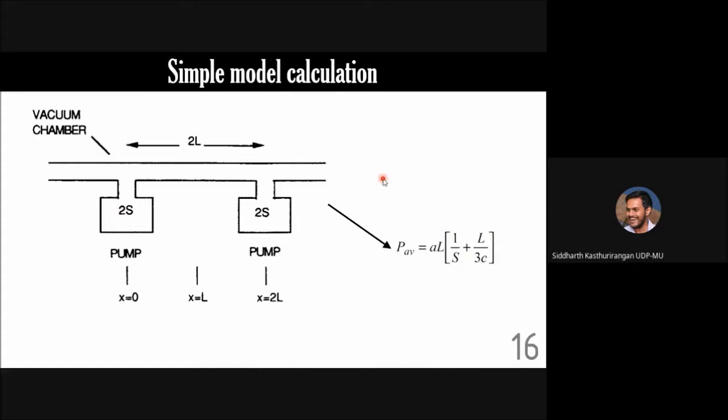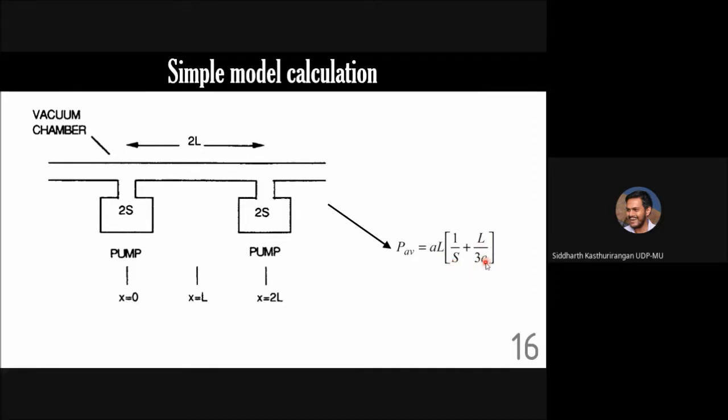Okay. The purpose of this particular equation is to just show the functional dependence on various parameters. So if I want a better pressure, my first thing is that I need to increase the pumping speed of the pumps. Okay, but only increasing the pumping speed is not sufficient. Sometimes if the inherent conductance of the gas is not good, then anyway it won't help beyond a certain limit.